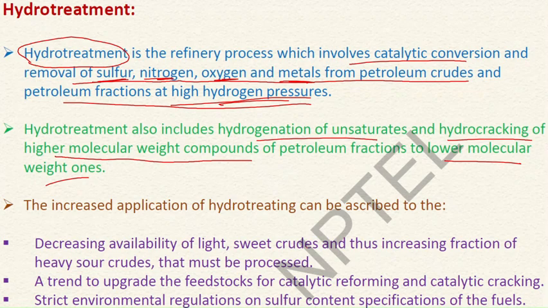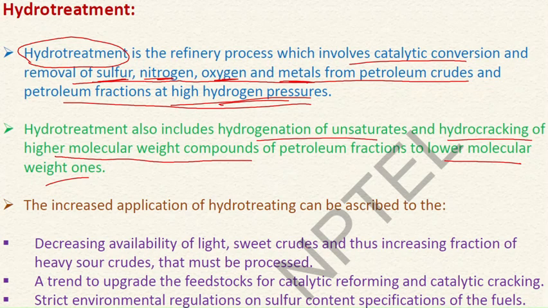So mostly light and sweet crude was extracted. But as time is passing, there is a shortage of light and sweet crude. So now we have come to a fact that we need to process this heavy crude as well.